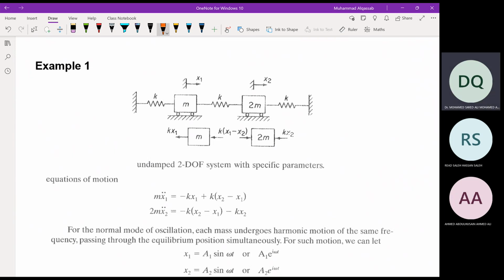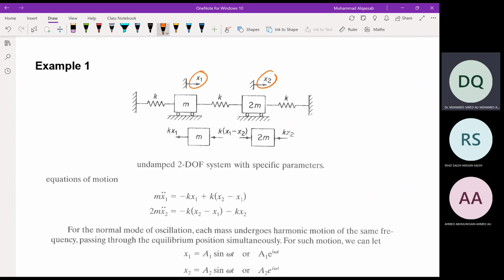First of all, the direction of X1 and X2 has to be defined in one direction. Let's say both of them positive to the right. Then we take the free body diagram on each mass.